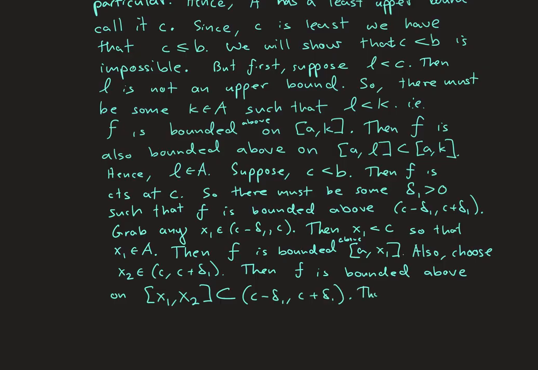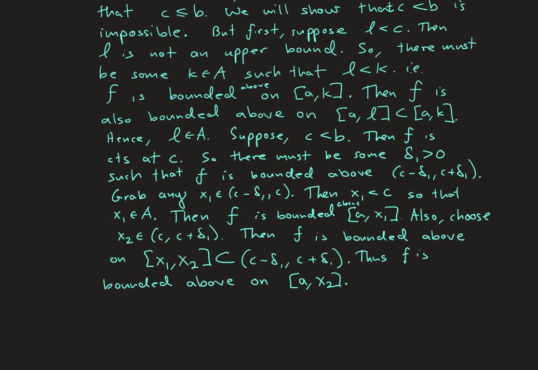Thus, F is bounded above on this interval, and it's also bounded above on this interval, so it must be bounded above on their union. Oh, but what does this mean about x sub 2?